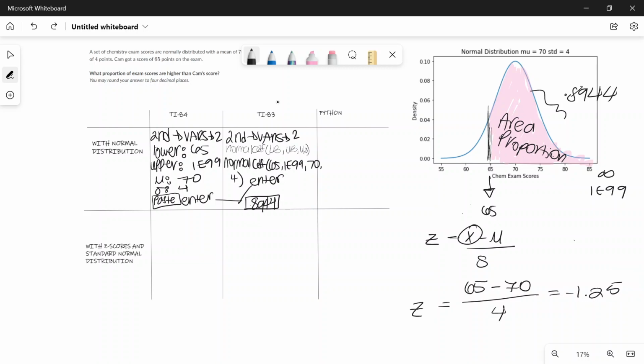Now instead of doing normalcdf with the mean and standard deviation of this normal distribution, we do it differently, because a z-score is a standardized score which we use in a standard normal distribution, and a standard normal distribution has a mean of 0 and a standard deviation of 1.